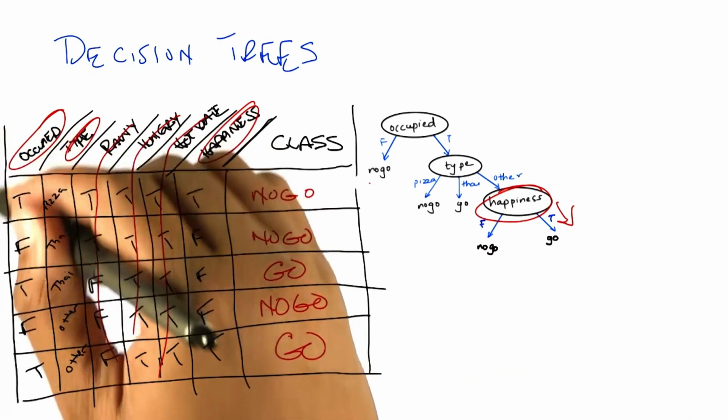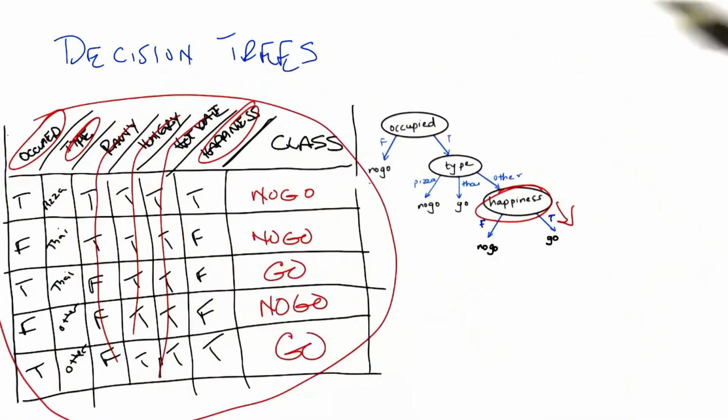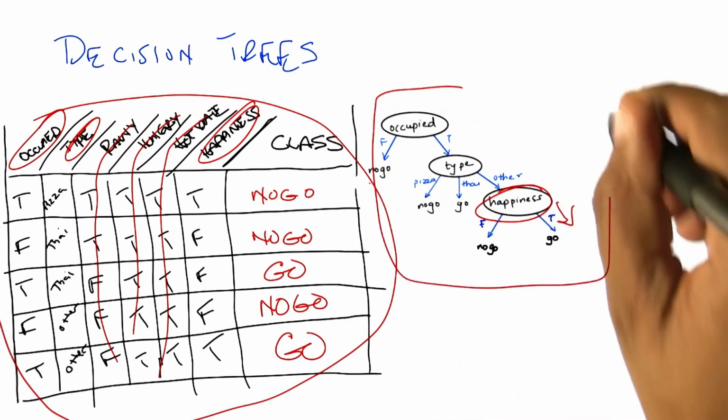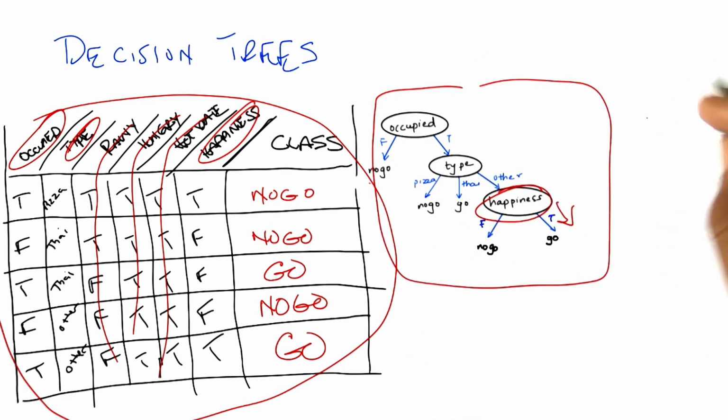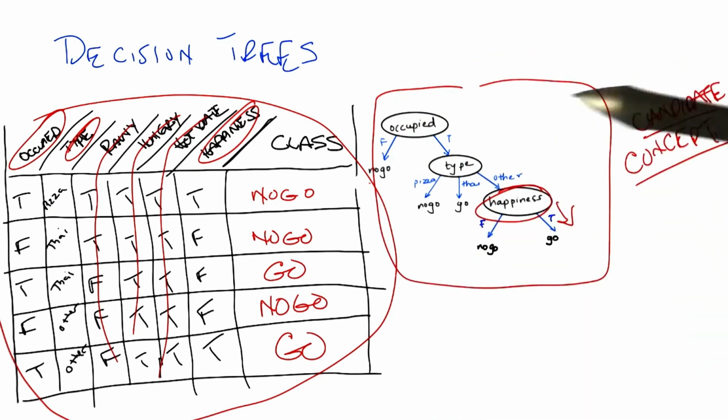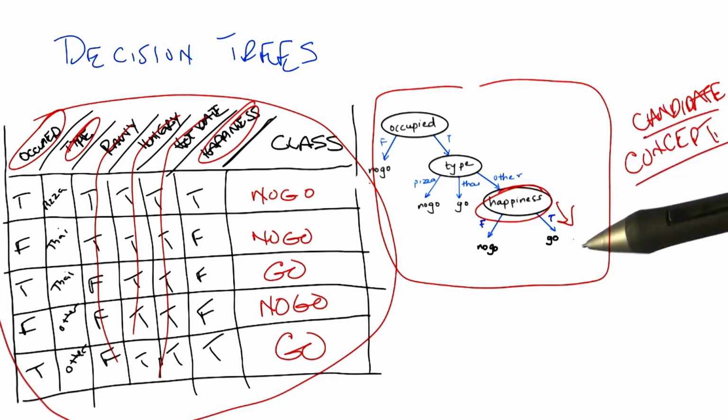This, in our case, this table actually represents our testing set. It's the thing that we're going to look at to determine whether we were right or wrong. These are the examples that we're going to do to see whether we generalize or not. And this particular tree here is our candidate concept. So there are lots and lots and lots of other trees that we might have used.